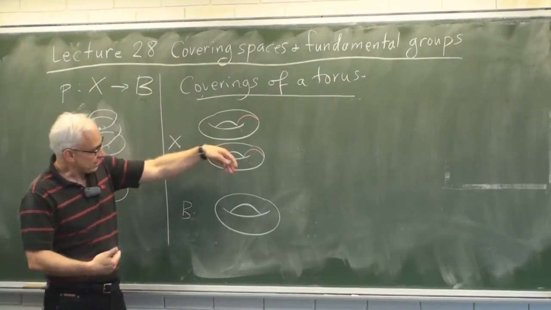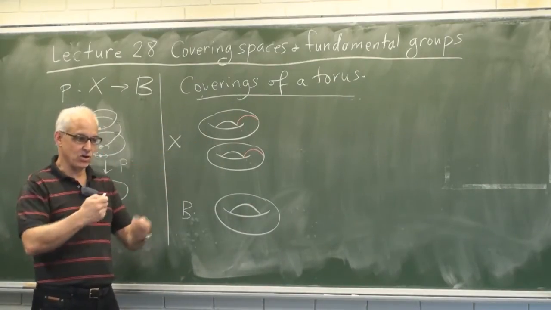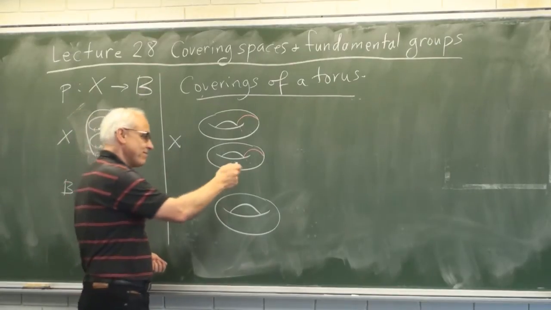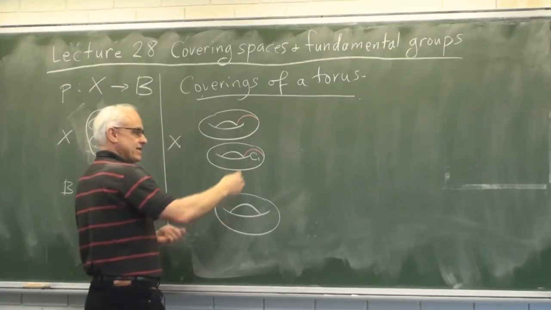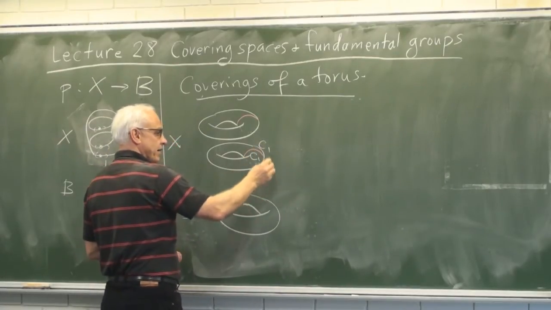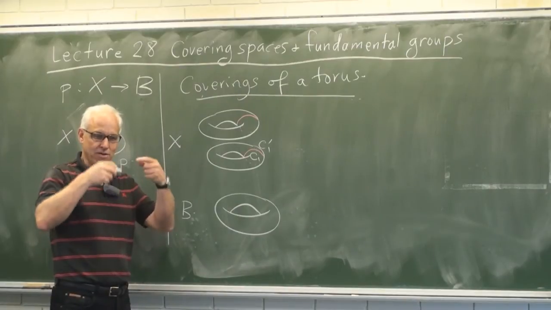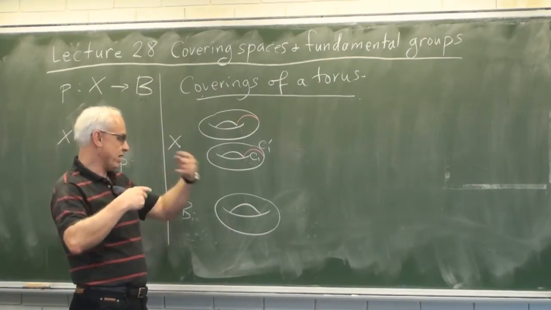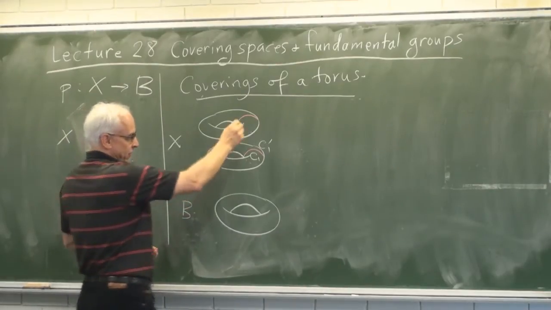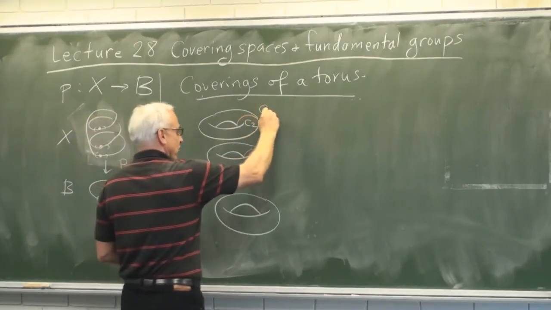So now we've cut these two tori, and each of the sides of the cut is a circle. And let's label those different sides of the circle, say by C1 on that side, and C1 prime on the other side. Okay, we've cut the tori. They're now little bands, and we're calling those two circles C1 and C1 prime. And over here, we've also cut the torus, and we have C2 as one circle, and C2 prime as another circle.